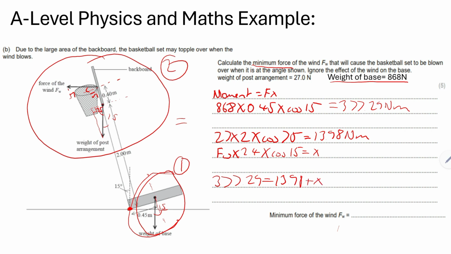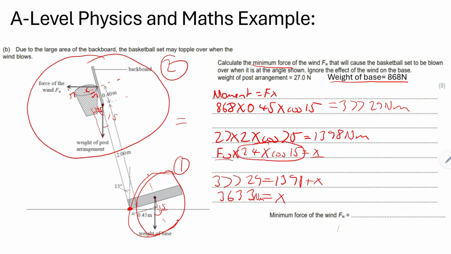And to find x, we can just take away 13.98 from both sides, and that will give us 363.3 newton meters.